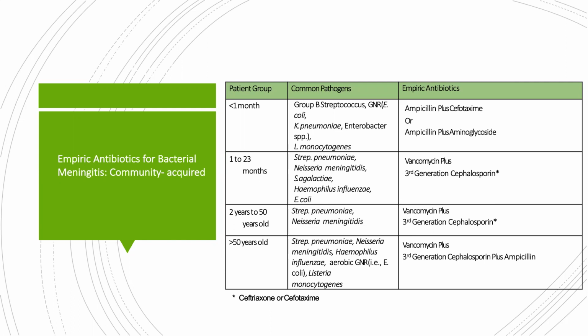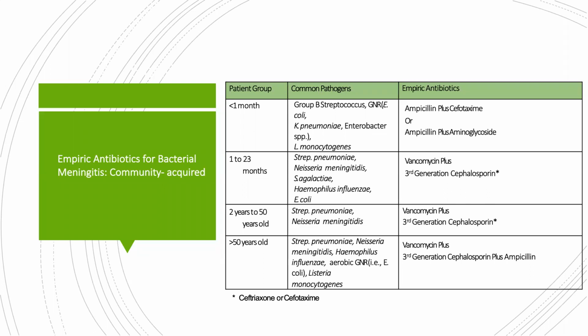With the ampicillin plus cefotaxime, we're really worried about our strep here, and we're really worried about our listeria, and ampicillin plus cefotaxime have been shown to occupy those penicillin binding proteins in listeria and allow for us to overcome listeria infections there. So that's why we can utilize that combination. And that's what you want to consider in patients that are less than 1 month old.